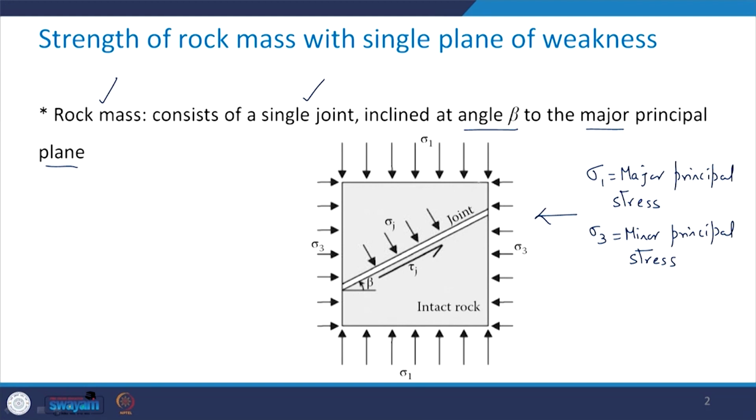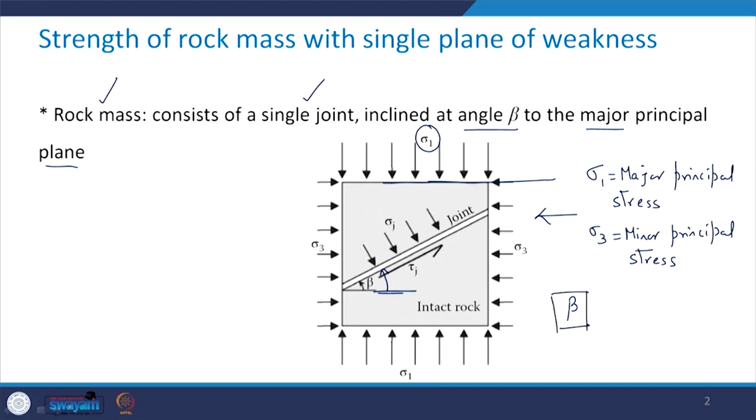On this plane your major principal stress is acting, and from this plane we are taking the orientation of this discontinuity, which we are representing by beta.